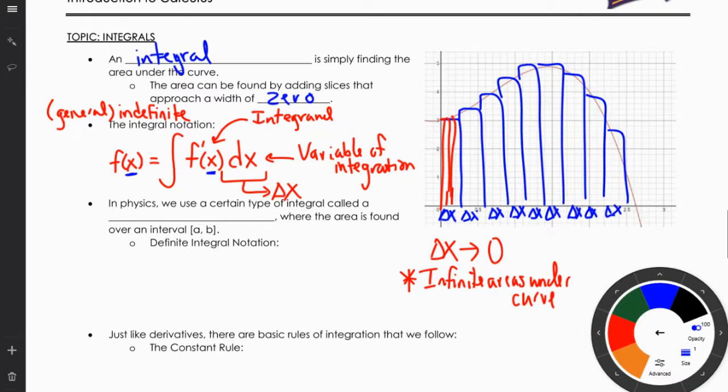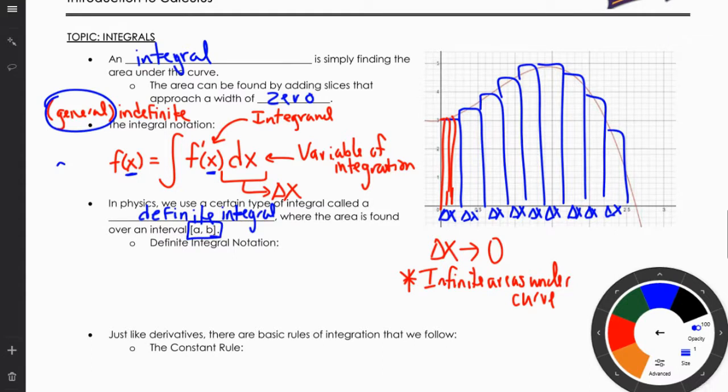Now in physics, we're only going to use a certain type of integral, because what we're going to use is what is called a definite integral, as opposed to what I just wrote. That's an indefinite integral. We're going to find a definite integral. So where indefinite integrals deal with general forms, definite integrals will find specific areas.